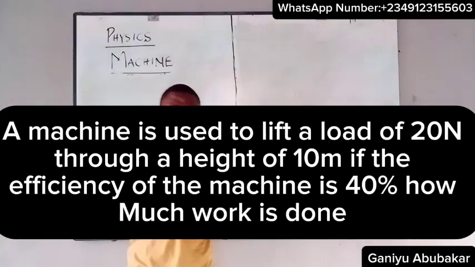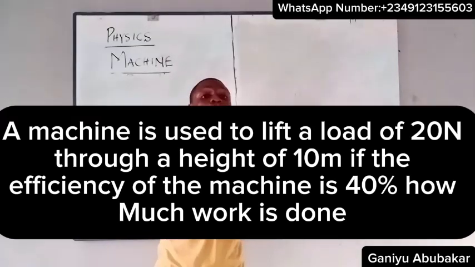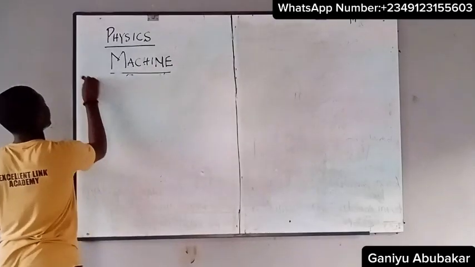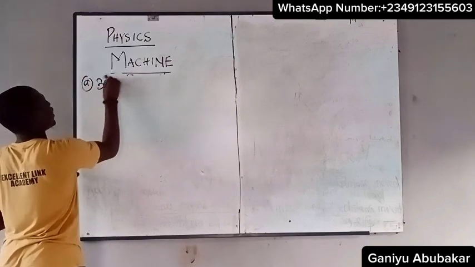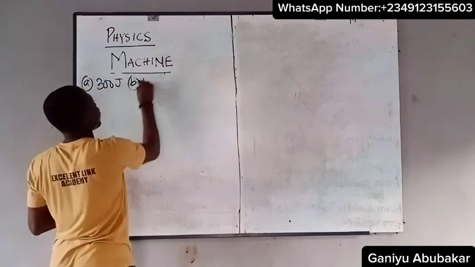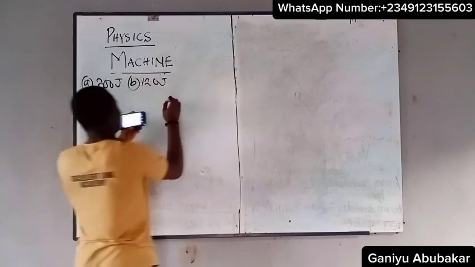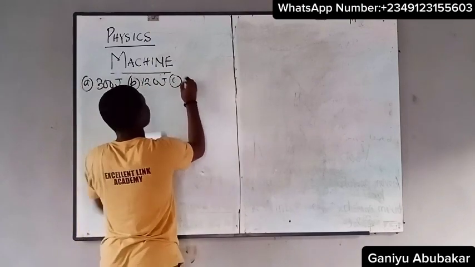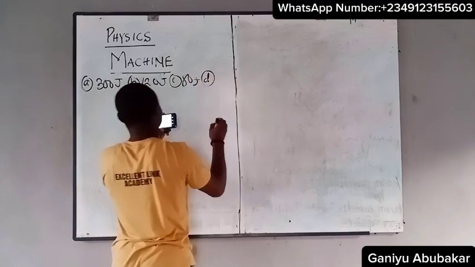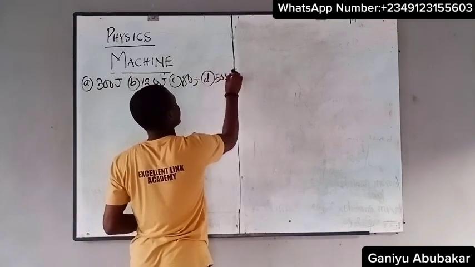If the efficiency of the machine is 40%, how much work is done? Option A is 300 joules. Option B is 120 joules. Option C is about 80 joules. Option D is about 500 joules.